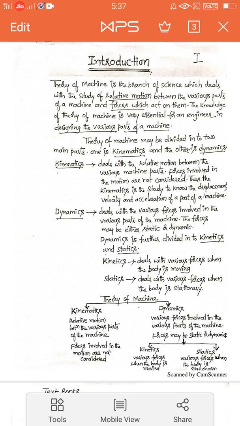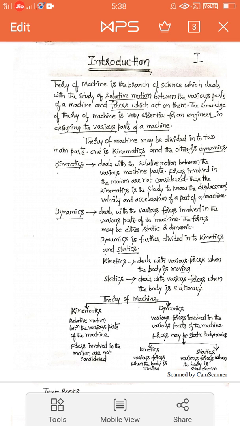During that time, the forces which are responsible for the motion will be identified and evaluated. Statics is the one in which we identify and evaluate the forces on each and every part of a machine whenever the machine is at rest or whenever the machine is stationary.